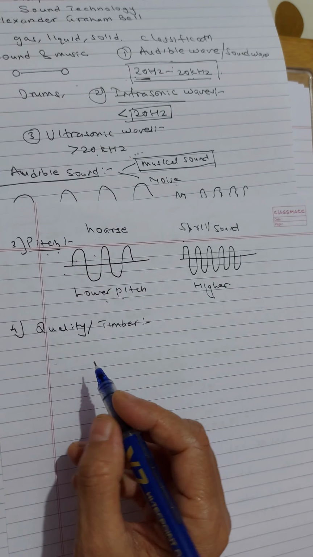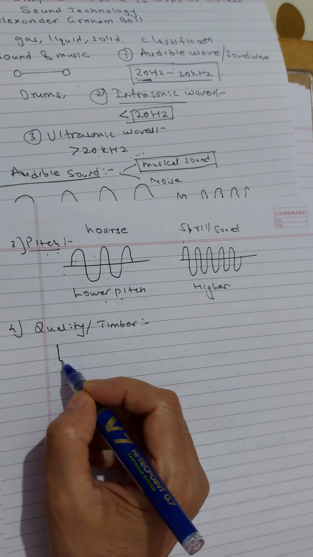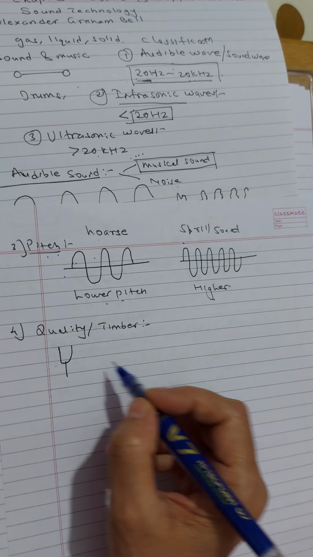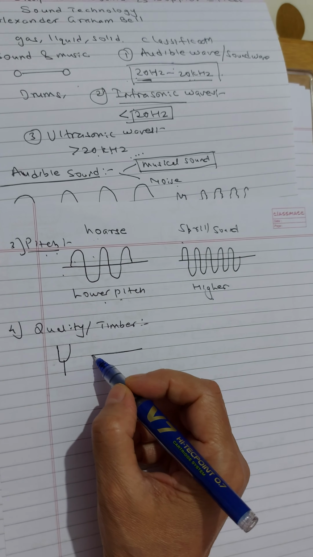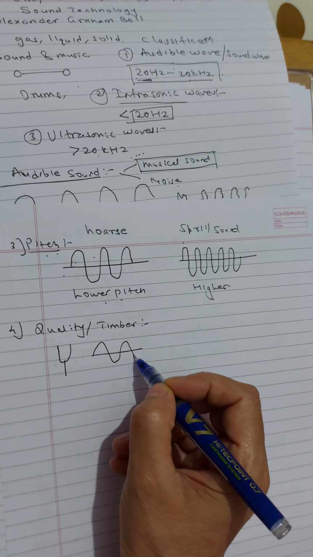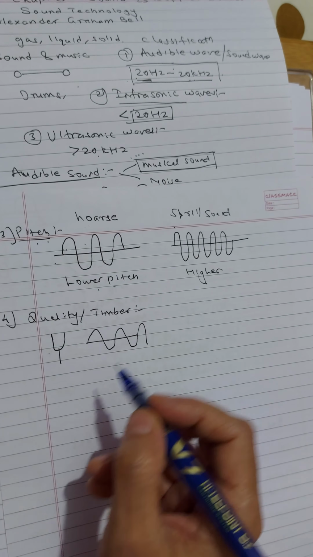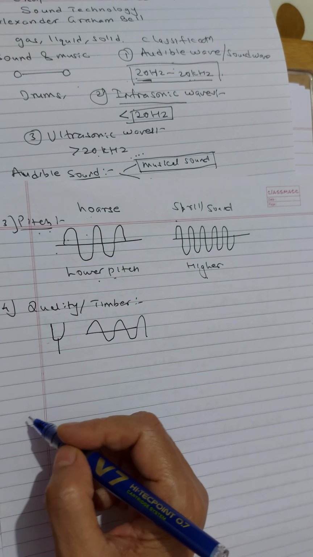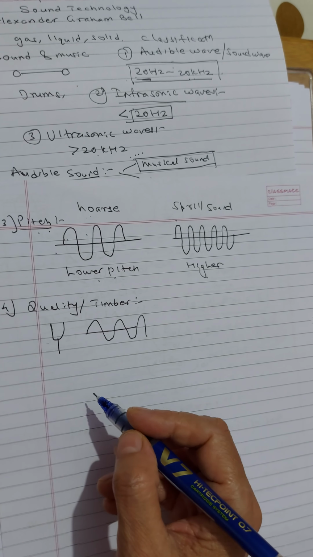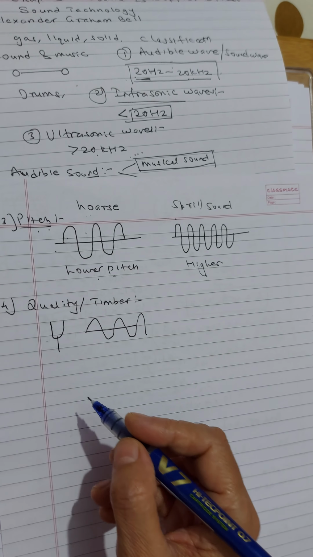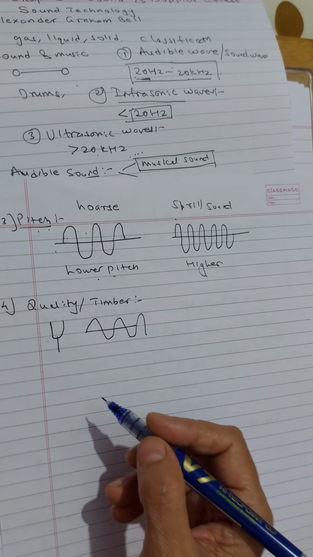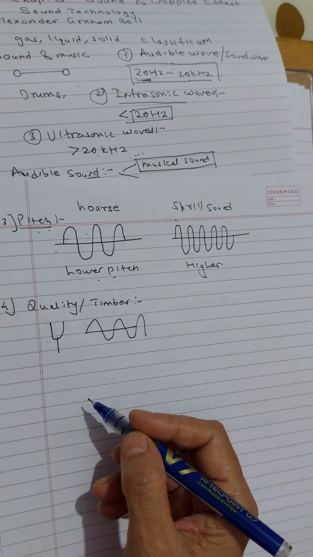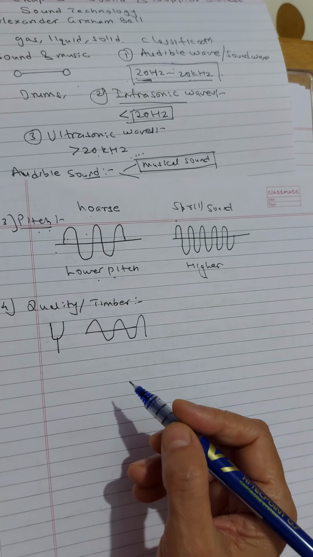Which means what? Suppose I have a tuning fork. The sound produced by a tuning fork, suppose it is like this. Suppose then I play a flute, or a person is singing, or some person is playing a violin. All those different waveforms will give you the idea of how the timbre appears.